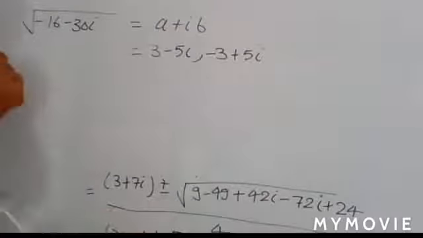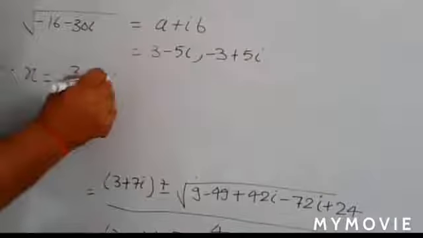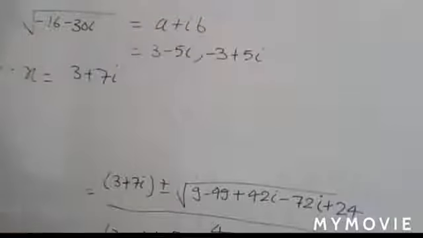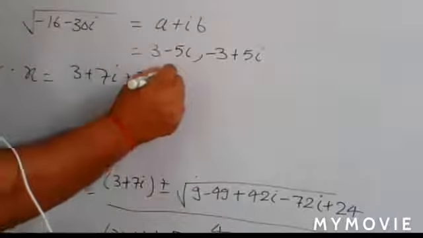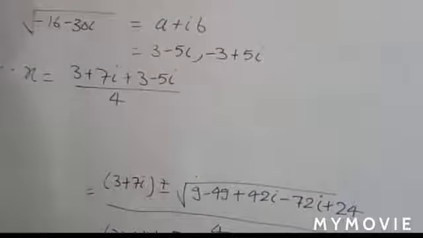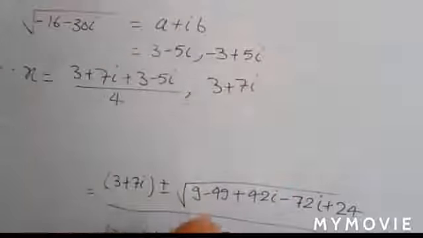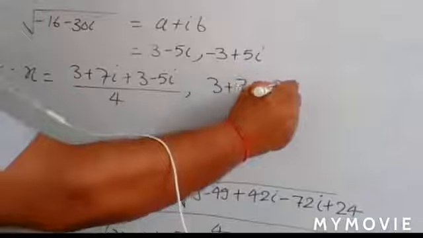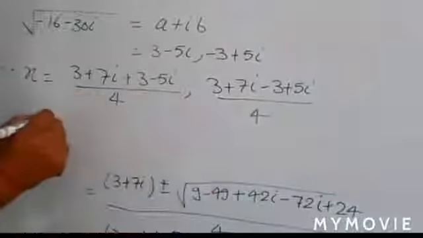So putting that value, you have x is equal to 3 plus 7i plus 3 times minus 5i, whole divided by 4. And your second value is 3 plus 7i plus minus 3 plus 5i, whole divided by 4. So solve it.